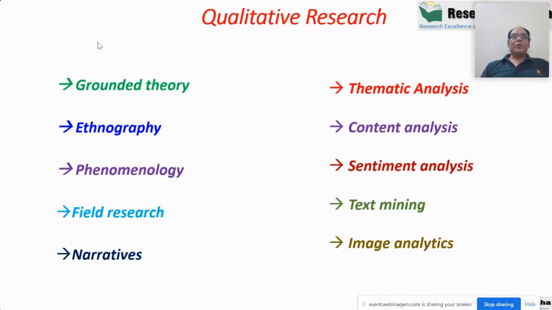So this approach is known as grounded theory approach. In simple language, you can find out some new phenomena and try to explain that phenomena with the help of your qualitative data. This approach is known as grounded theory approach.